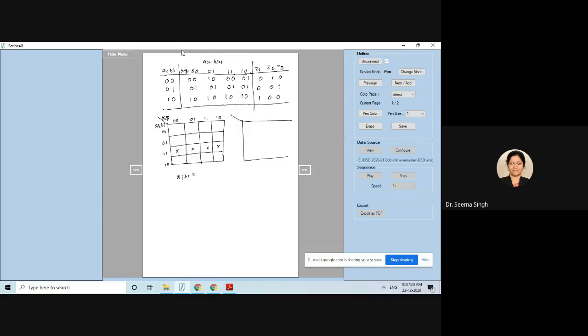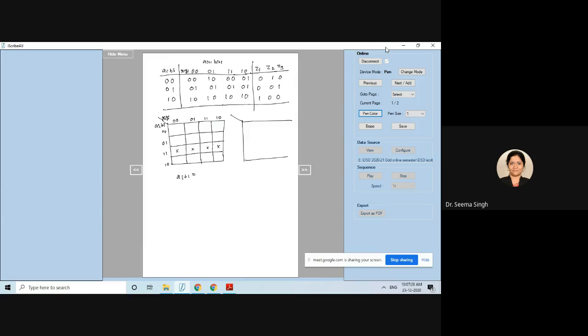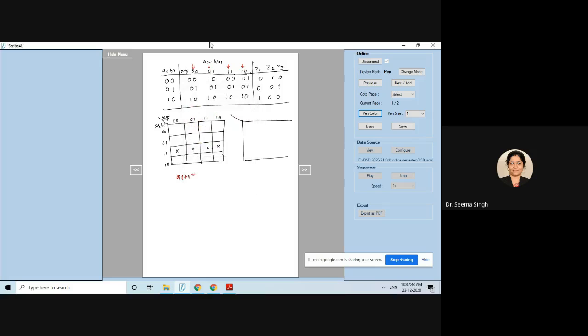So your AI plus 1 is this, right? This is your AI plus 1 and BI plus 1 will be your second column. This is your BI plus 1. So we need to write BI plus 1.